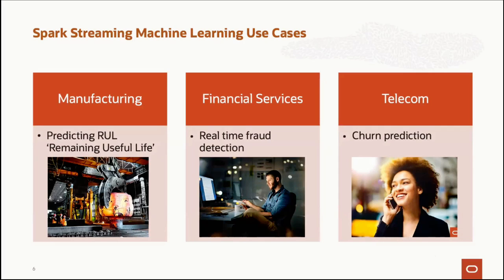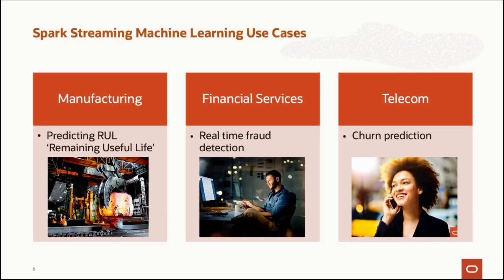In a financial services lakehouse, if you see suspicious transactions coming in from the stream data, you can use that to predict fraud. In a telco, if you analyze your CDR as stream data, you can use Data Flow streaming to build a lakehouse that can predict customers who are at risk of churn. So we'll be focusing on the RUL use case today.